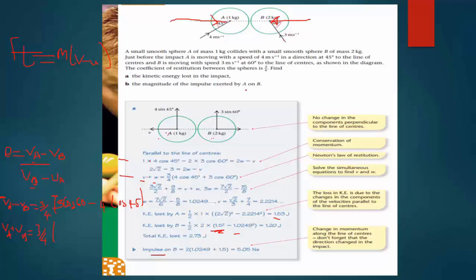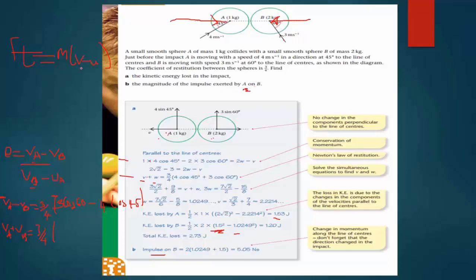So since tumeulizwa impulse exerted by A on B, it means A alimsababishia huyu B kuchange momentum. So changes in momentum of B. So magnitude of impulse exerted by A on B. So tutatumia changes za B kwa sababu huyu A alichokozi ni changes ya hiyo momentum. So tunatafuta hiyo change in momentum ambayo A ali-exert kwenye B.